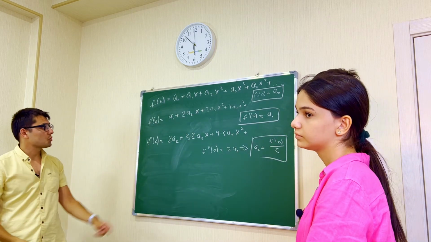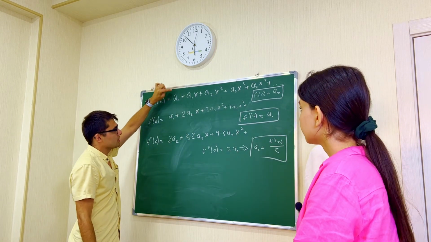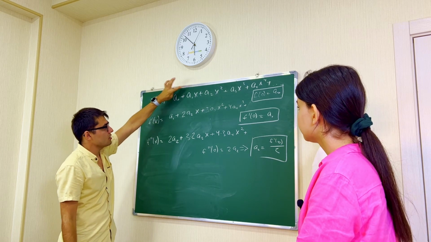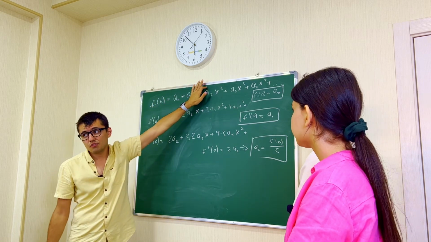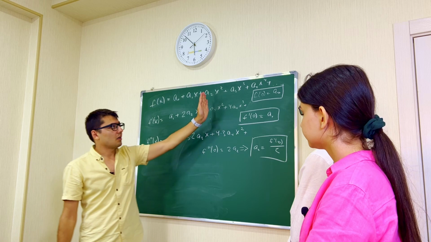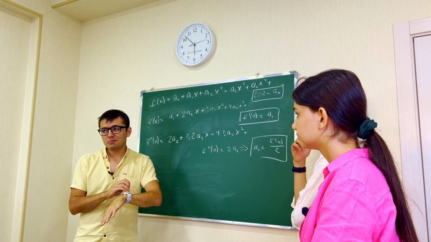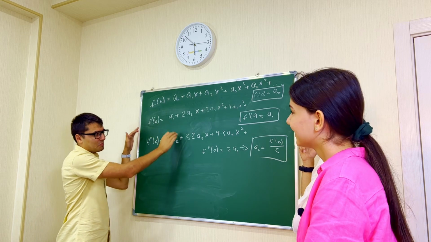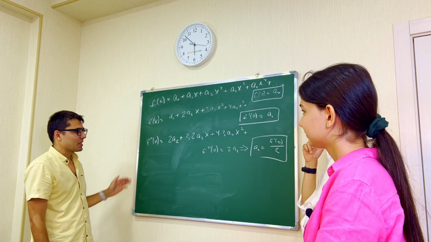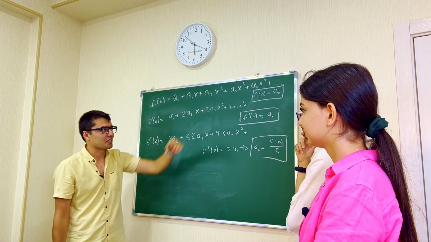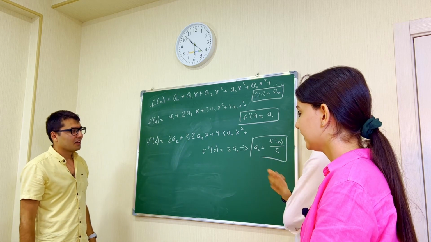That's an achievement, because we already know the value of this coefficient, this coefficient, and this coefficient. It's great. We could just apply this infinitely many times if we had time, and then we would find all the other coefficients. But the problem is we don't have time, so what shall we do?